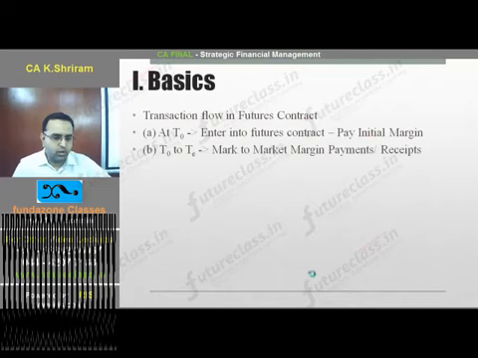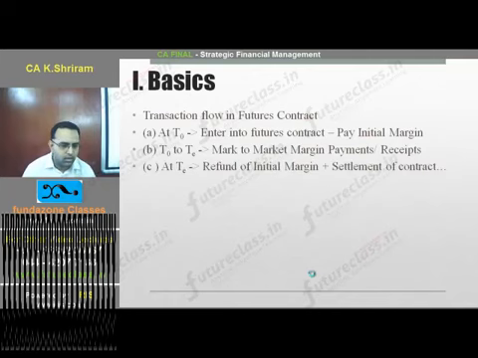At time 0 to time E, MTM payment or receipt. So first step, you pay initial margin. Second step, every day margin gets accumulated or you get back your margins. Time E, refund of initial margin plus settlement of contract. This is how the cash flow will really happen in a futures contract.